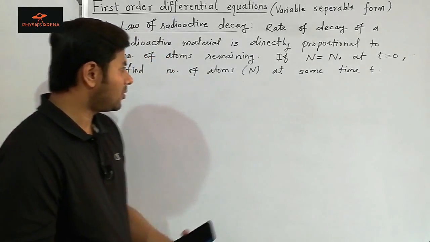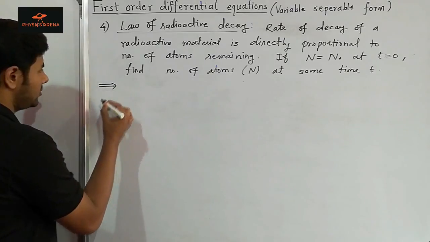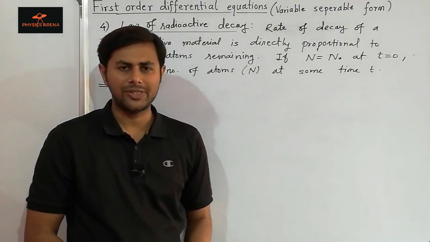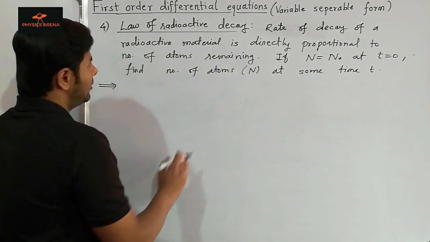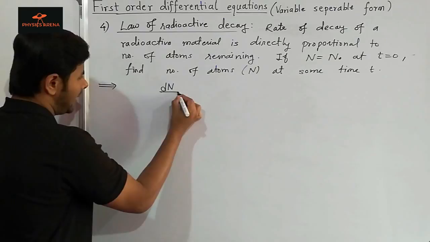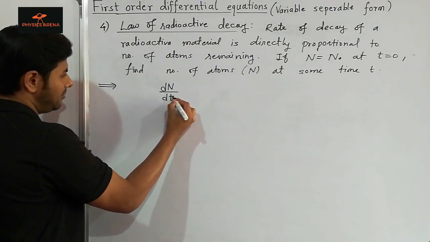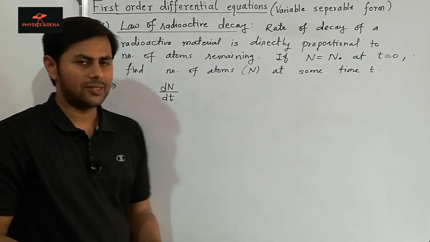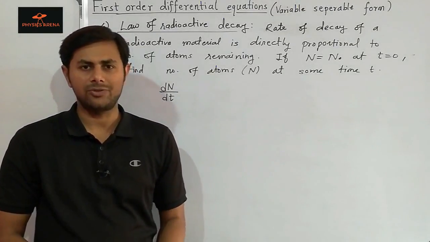Now let's try to solve this. Let us write this law in the form of an equation. So rate of decay, that is the number of atoms changing per unit time. So change in number of atoms with respect to time, and because it's decay, it's a negative change.